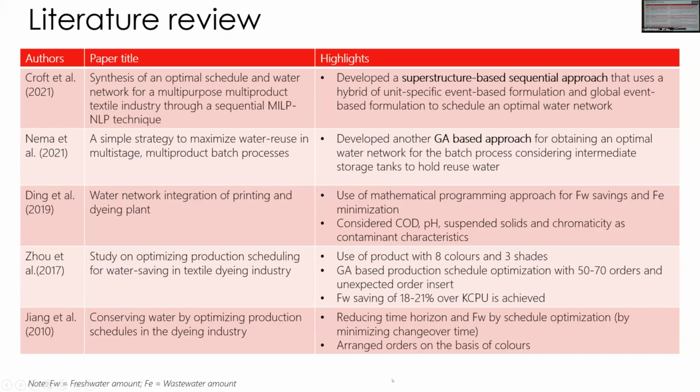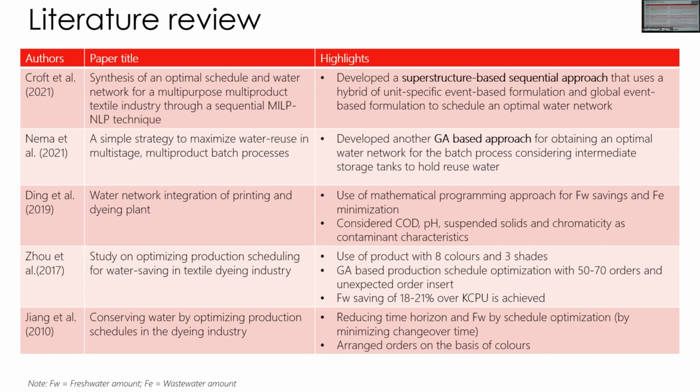We have a group along with Toko from Witwatersrand. We have been looking recently at these batch processes. There are at least 2 recent works in 2021 where we focused on synthesizing an optimal schedule and water network based on NLP approaches, and the other one, we started off with GA based approaches, that's genetic algorithm.